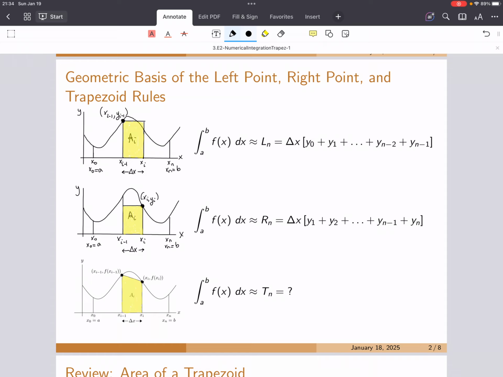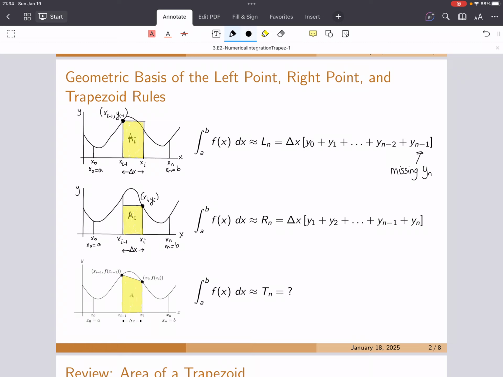So what happens then is that we are using the heights y0, y1, y2, etc., up to y sub n minus 1, but notice that we're missing the data point y sub n, the height of the function at the very right endpoint of the interval at x sub n or b. So we're missing y sub n. And that's a little bit of a disadvantage because y sub n is not that difficult to calculate, or maybe we already have that value of that data point. And so it feels like we should be able to do better.